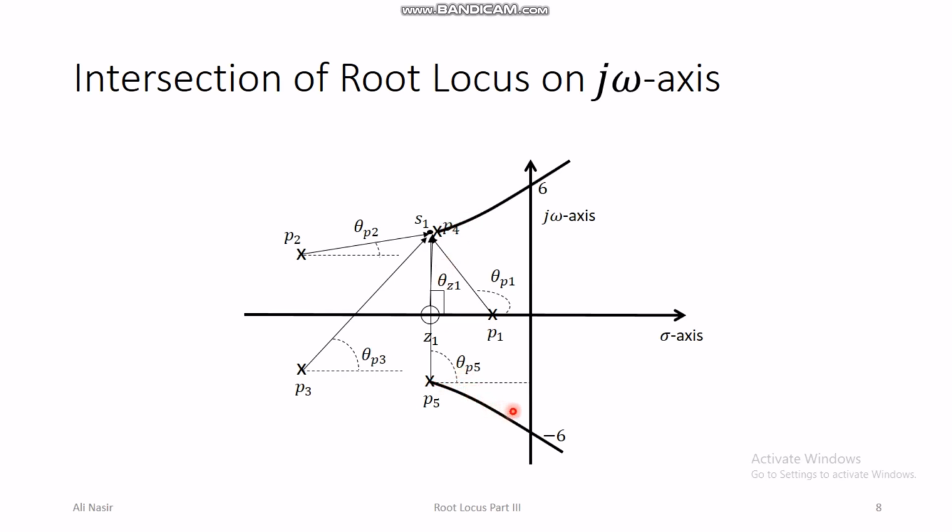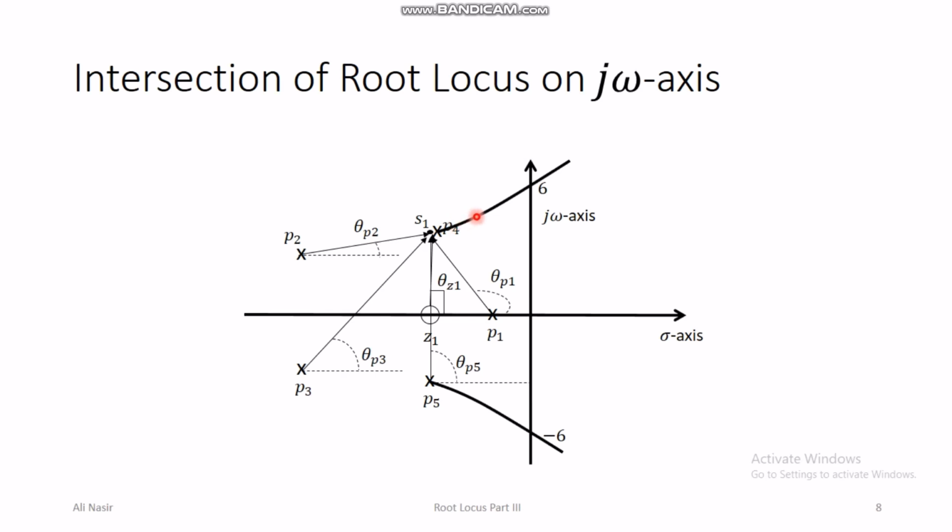And since there is an excess of 5 poles over 1 zero, we already know that the asymptotes will be at 45 degrees. So this pole will bend slightly upward to make the angle 45 degrees. So the final angle of the path of the pole with the horizontal axis will be 45 degrees, but the angle of departure will be 37 point something or 38 degrees.